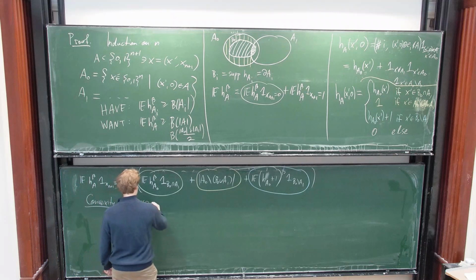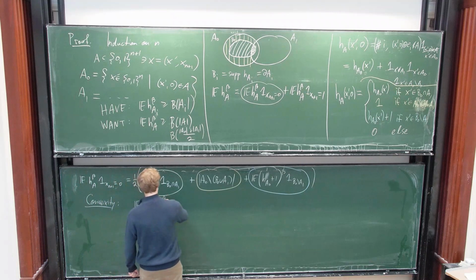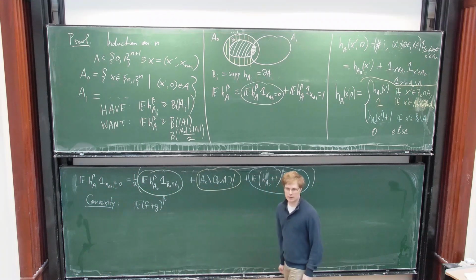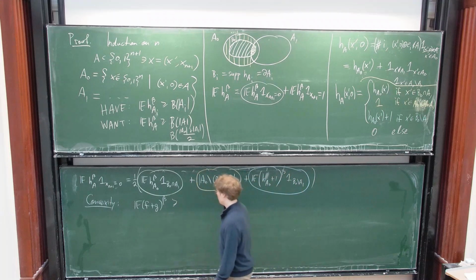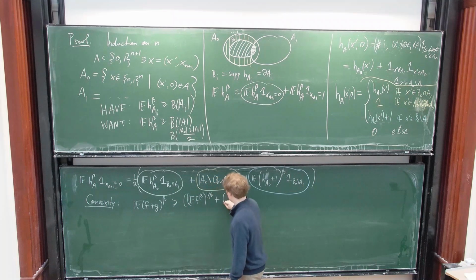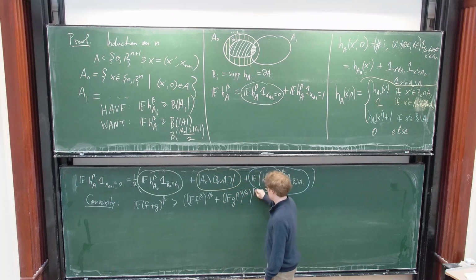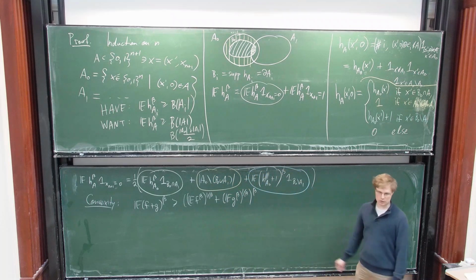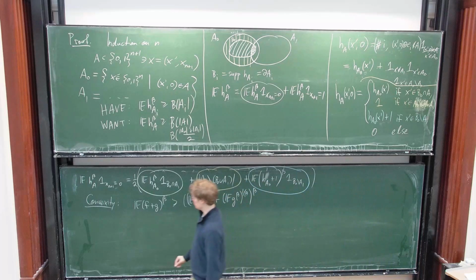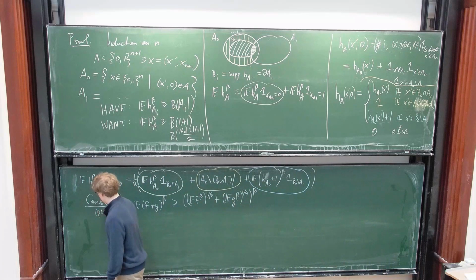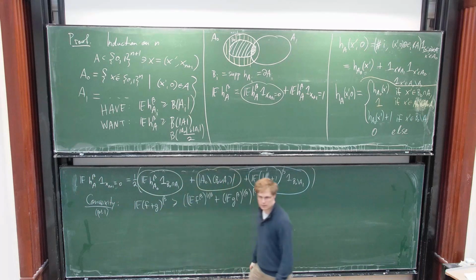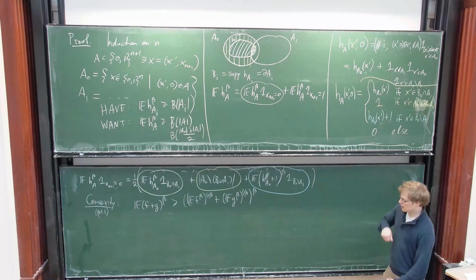So I'm claiming that expectation of f plus g to the beta, that's exactly the kind of animal we have, right? So we want to rewrite this in the form (E f to the beta)^(1/beta) plus (E g to the beta)^(1/beta), all to the beta, okay? I'm claiming this is true if beta is smaller or equal to 1, so maybe just replace beta by 1/2 and then you will see.